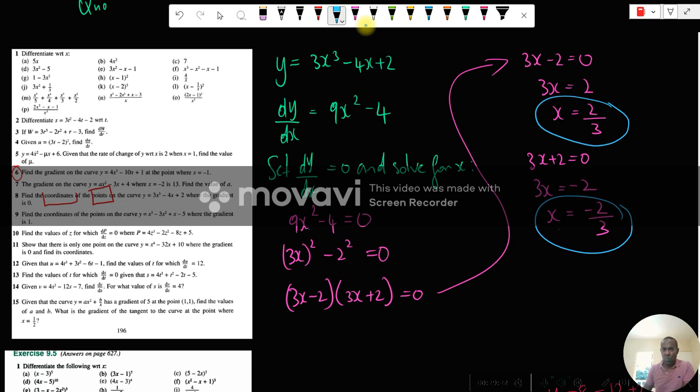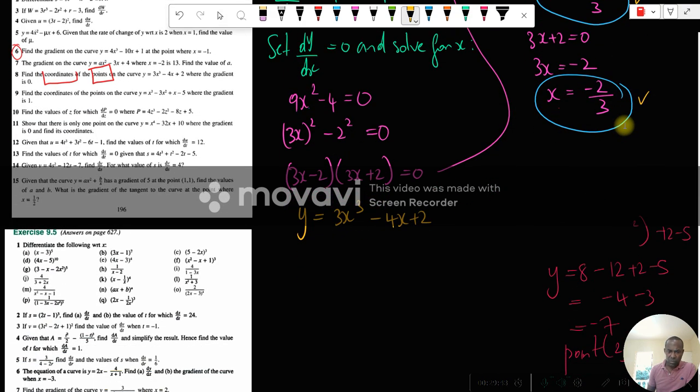So what we need to do is go back to the equation of the curve. Let's write it down. y equals 3x cubed minus 4x plus 2. We need to find the corresponding value of y when x equals 2/3 and also when x equals minus 2/3. So let's do that. When x equals 2/3, let's do that one first.